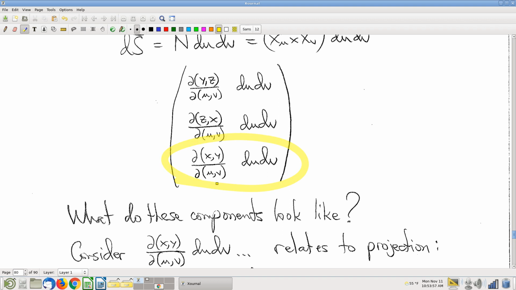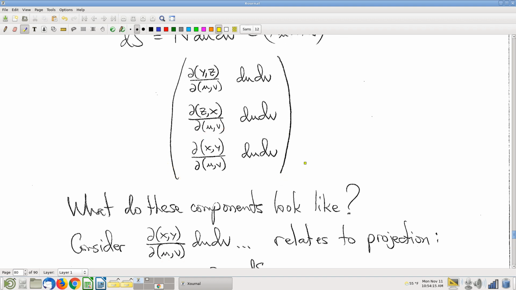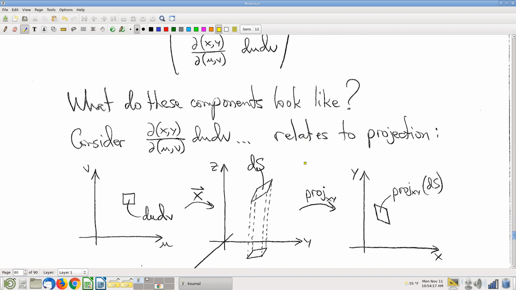And you can't think of this as a change. How much does something change as I move along the surface? That doesn't make any sense. What we can do is ask, is this a size of something, and does it involve a projection? And it turns out that works out just perfectly. So here's how you can think of the projection.